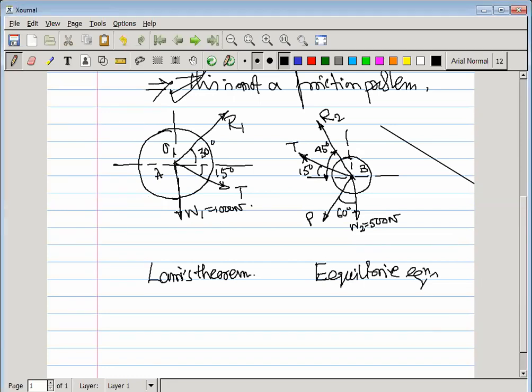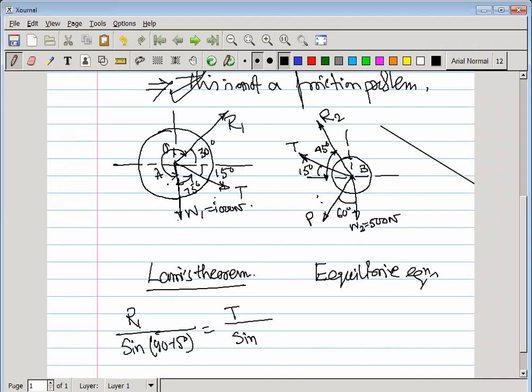First, from this body A, we have to find out the tension, which is common for both cases. So R1 by sine of the angle between the other two, which is 90 minus 15, it is given, na? The angle between these two, W1 and T1 force vectors, is 75, na? And similarly, T by sine of this angle.